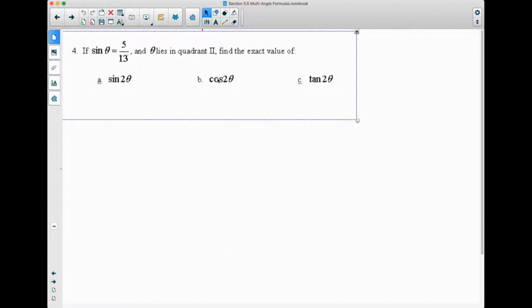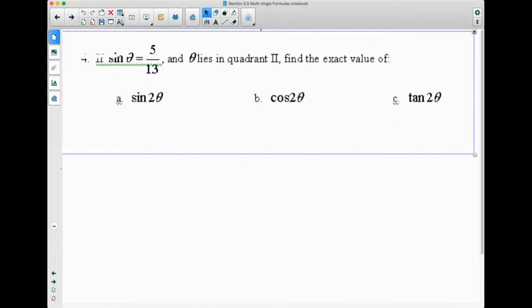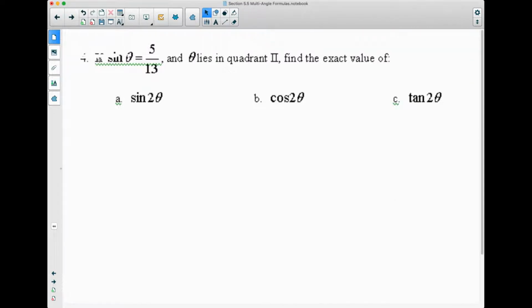All right, so let's check this one out first. They're telling you what sine equals, and they're telling you that theta lies in quadrant 2. So what does that tell you you need to do?